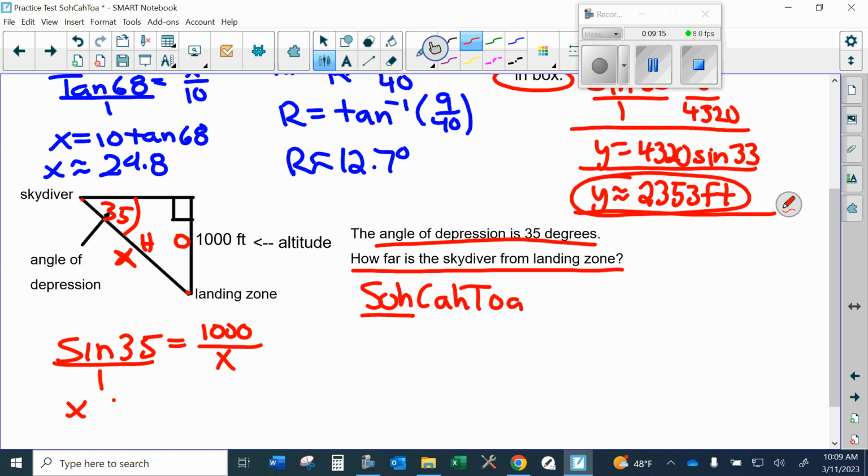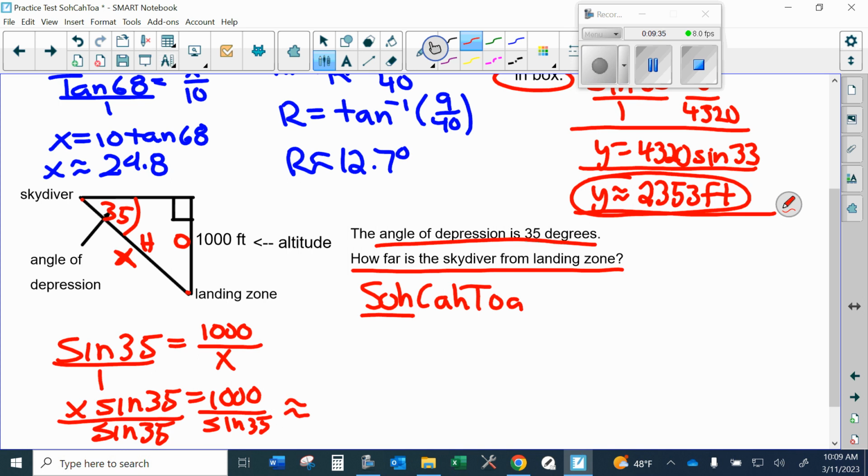Again, cross multiply. And last step, divide by sine 35. And it doesn't say what to round to. So you just find the answer there. It's multiple choice. That's the exact answer.